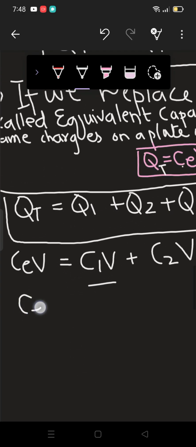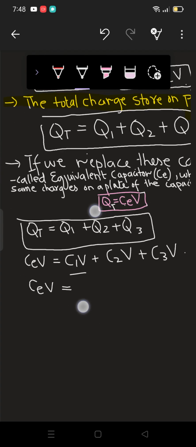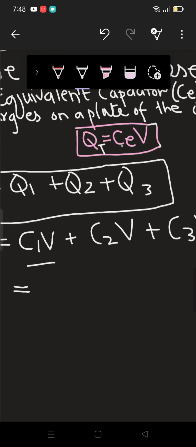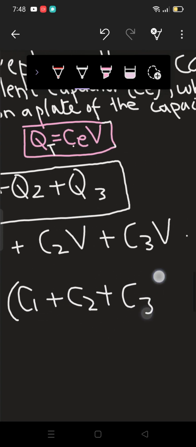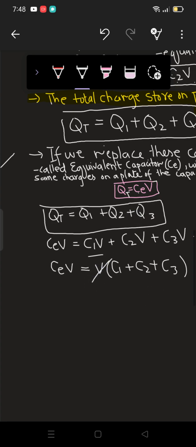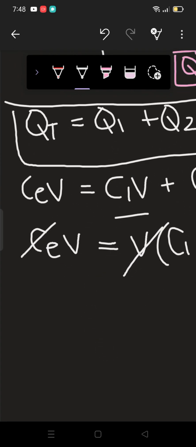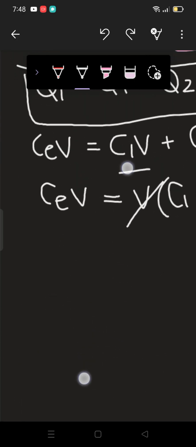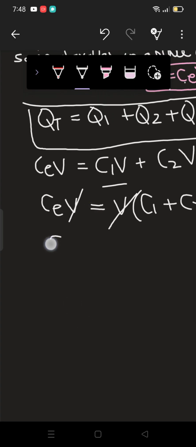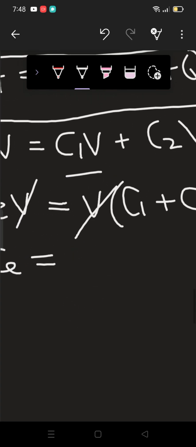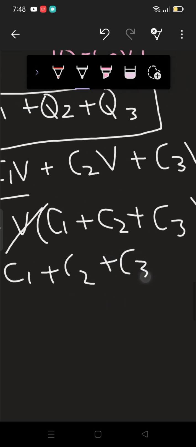V is common in each, so CEV is equal to V times the bracket C1 plus C2 plus C3. This V cancels with this V. Thus the remaining is CE equal to C1 plus C2 plus C3.